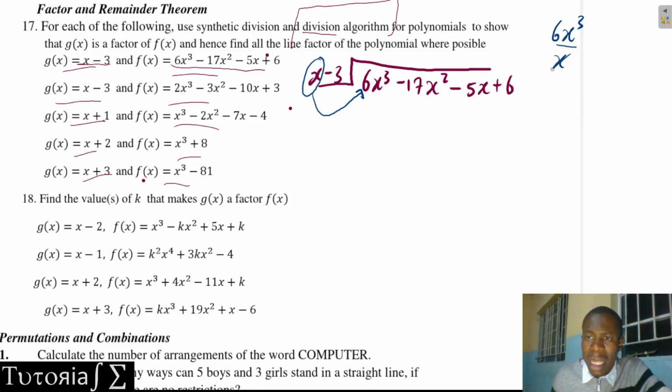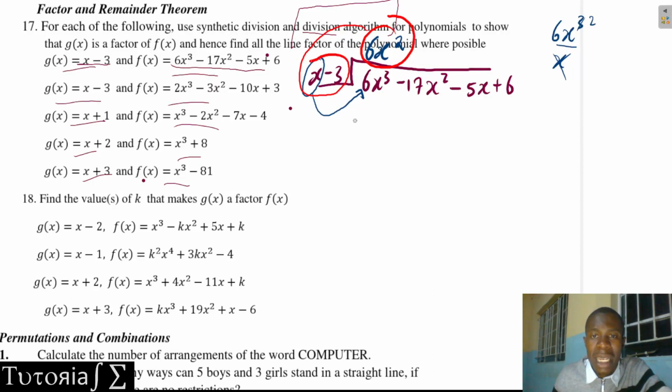The x there and the x there simplify, so we have 6x to the power 2. Whatever answer we find by dividing x into there, we write it here, so that is 6x to the power 2. Then we multiply this answer by everything here.